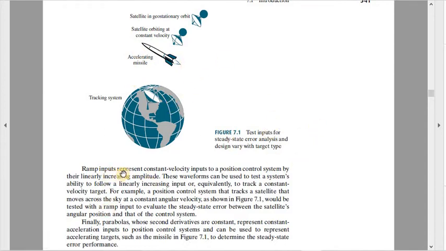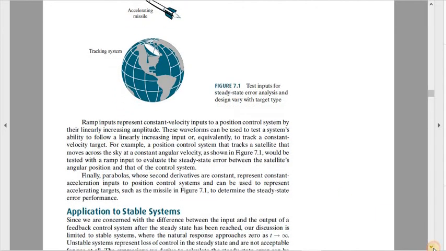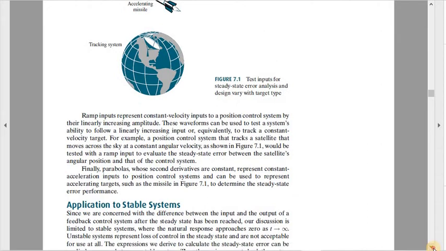The ramp input represents constant velocity to a position control system, with a linearly increasing amplitude. These waveforms can be used to test a system's ability to follow a linearly increasing input and eventually to track a constant velocity target. So if we have to look at velocity, then we can use the ramp input. Similarly, for acceleration we have to use the parabolic input that we discussed in table 7.1.